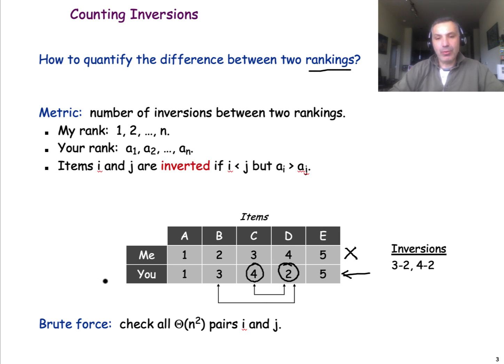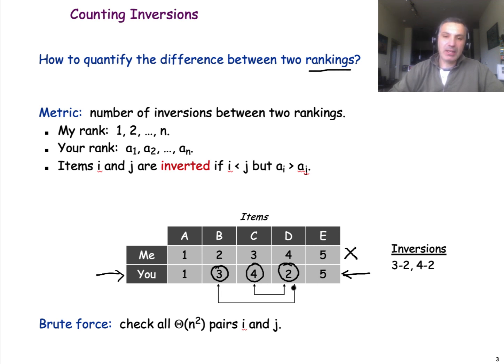If you go through this list, you can see that we have in this example two such inversions, two such disagreements. One is between items B and D. Even though in my ranking B appears before D, in your ranking B has a higher rank number than D. And similarly between C and D. So we have two inversions.